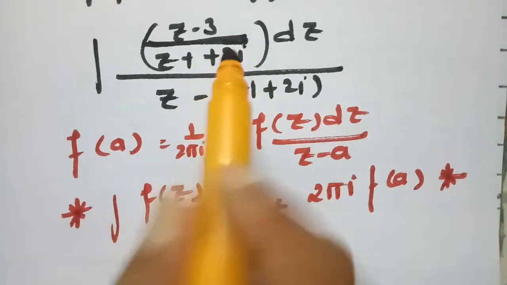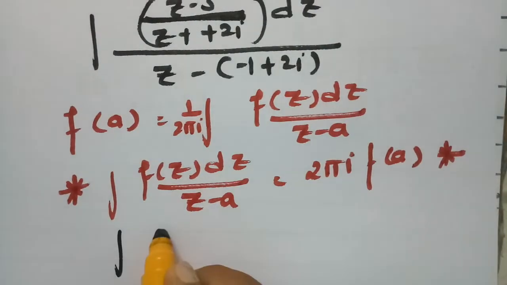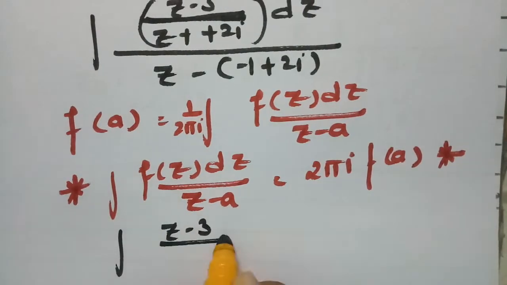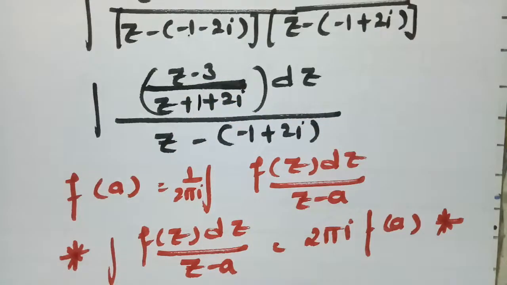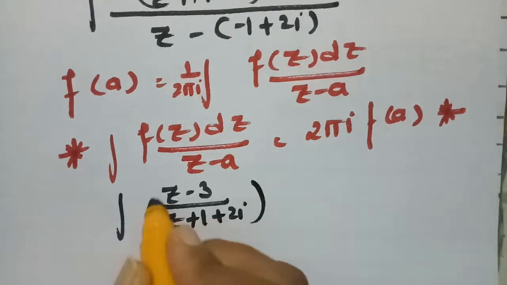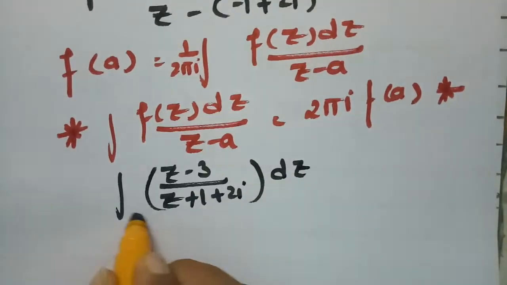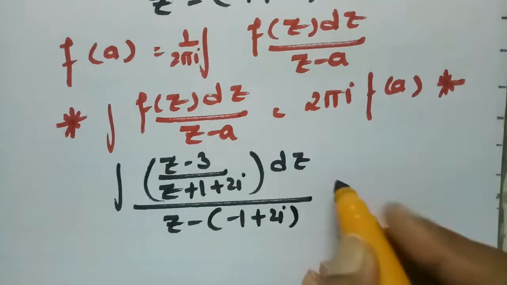Now I have to apply this formula on this integral. After applying, which integral is needed? That is z minus 3 by z plus 1 plus 2i, into dz by z minus of minus 1 plus 2i.